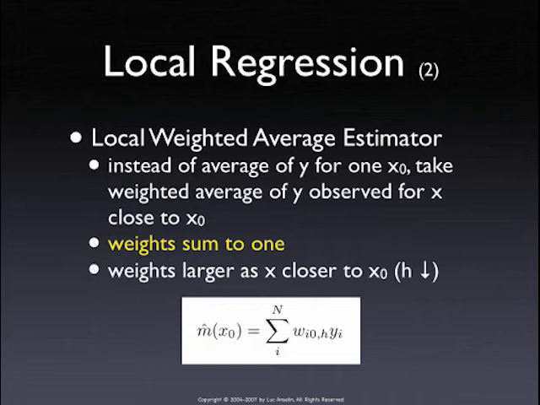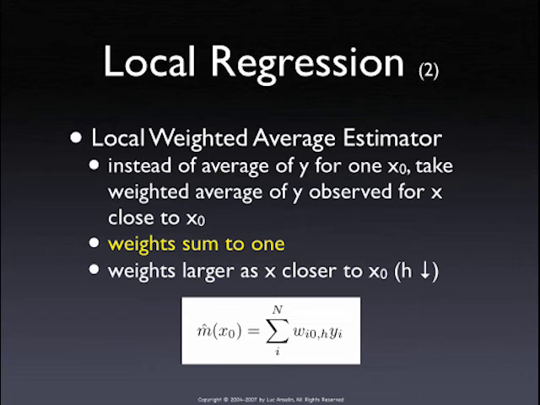Then we can go even further, and rather than saying we just group them in a bin and treat them all as if they have the same contribution, now we put in a weighting scheme. We're still moving across the x-axis, and at any given point, we take the x's that are close to it, but we weight them differentially. And we weight them in such a way that the further away they are, the less weight they get.